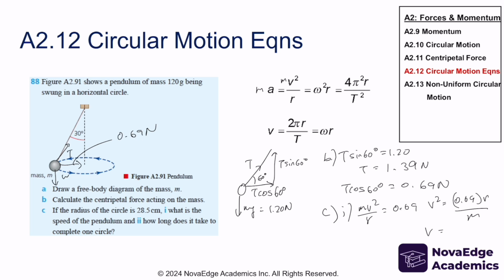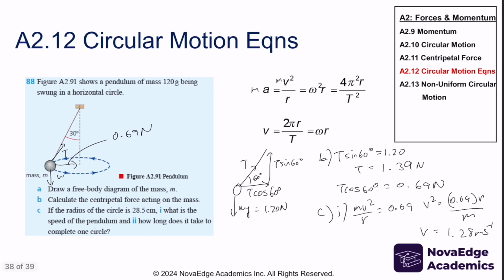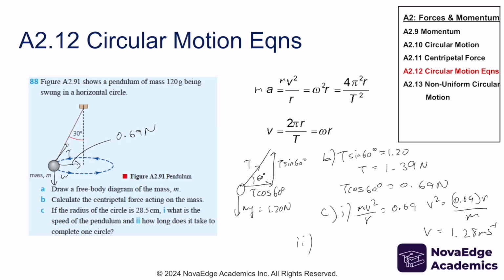Solving for that, I get 1.28 meters per second. Part 2. How long does it take to complete one cycle? Well, that's the period, right? So period, I can solve it quite easily. Period is equal to 2 pi r over v, which is 1.40 seconds.